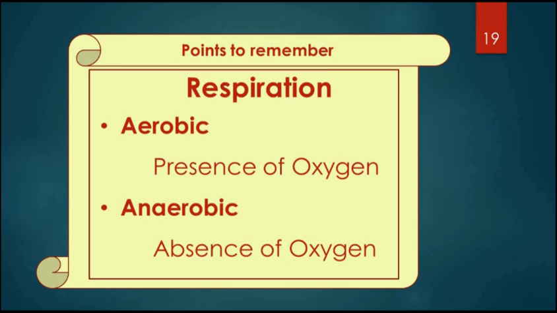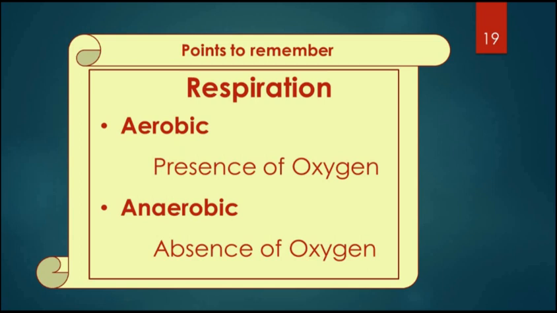Now, we can just revise the topics that we have discussed. Beginning with the life processes, the processes that are very much needed for an organism to survive. 4 processes are there: nutrition, respiration, transportation and excretion. Nutrition is a transfer of source of energy from outside to inside.